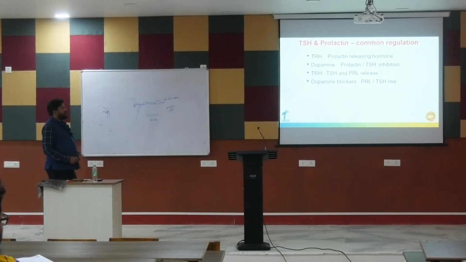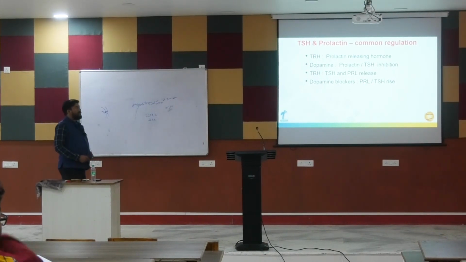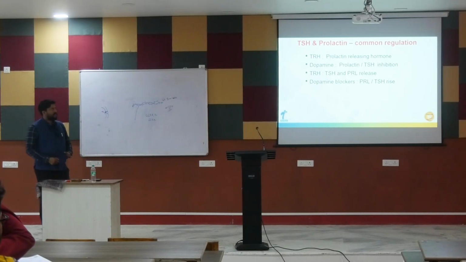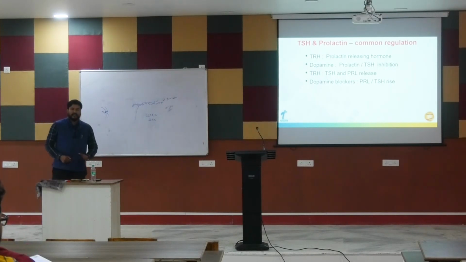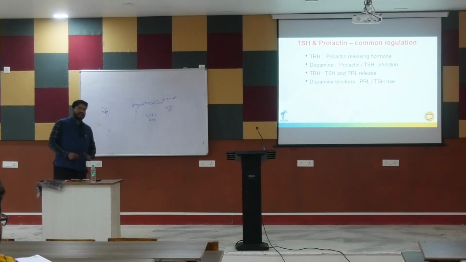And dopamine blocks both prolactin and TSH rise. So in patients with hyperprolactinemia, TSH is usually also high. Vice versa, in patients with hypothyroidism where TSH is high, usually prolactin level is also high.